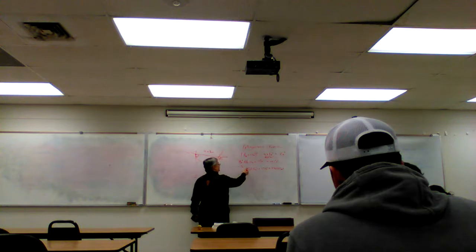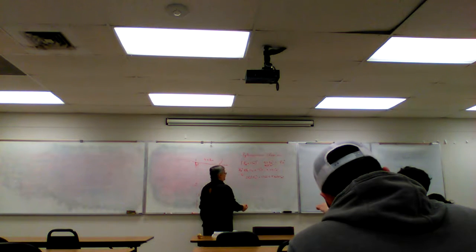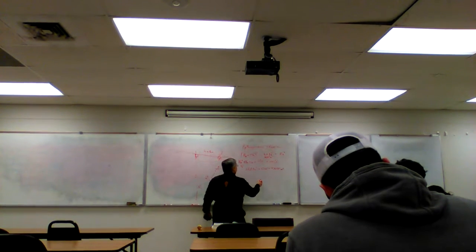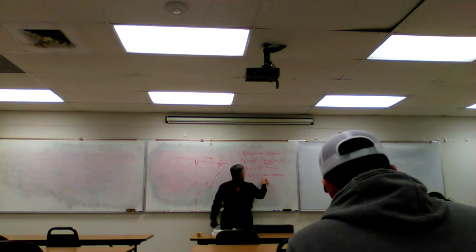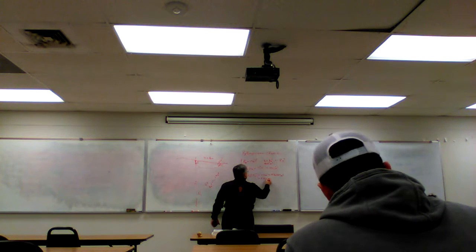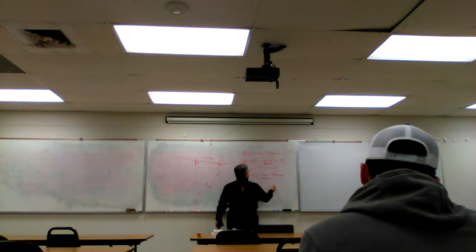Now we're looking to reduce this down to the radius of the Earth. So let's subtract 2.25 meters squared from both sides.